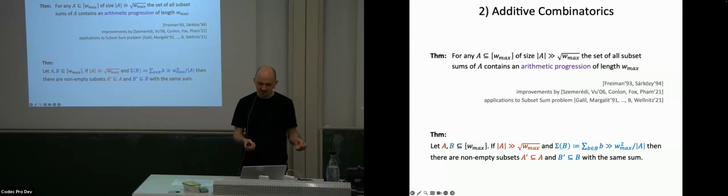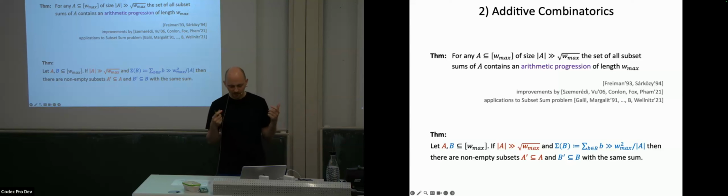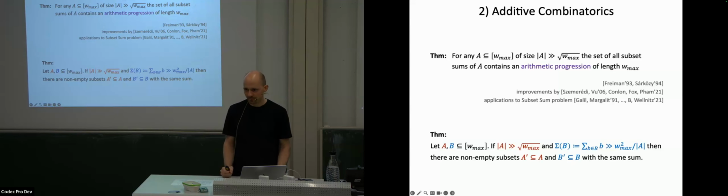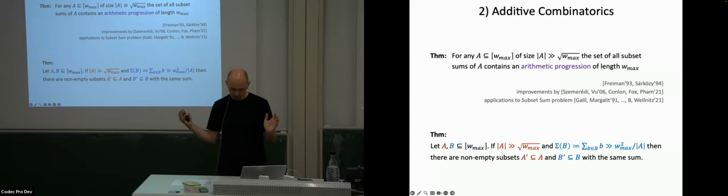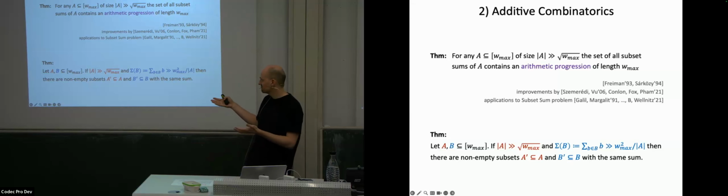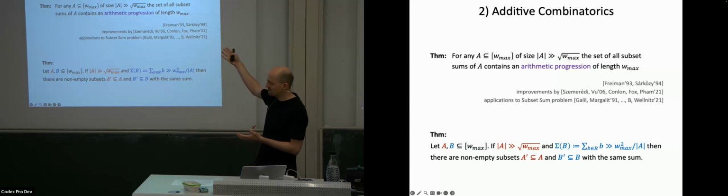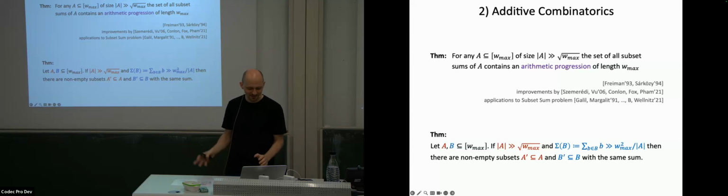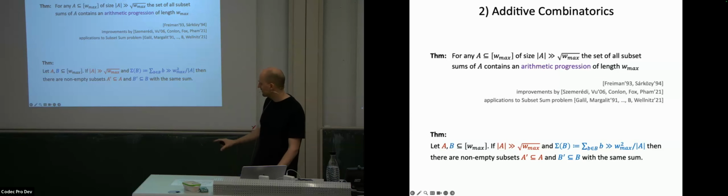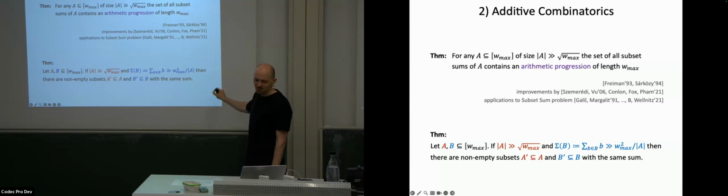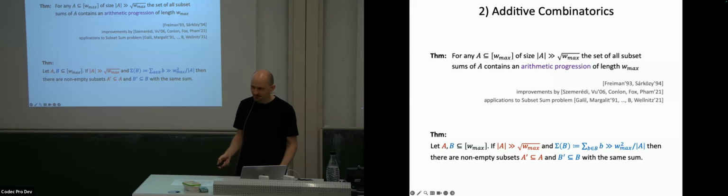So A has a non-empty subset, B has a non-empty subset, and they both have the same sum. This is somehow useful to end up at arithmetic progressions. I'm not going to go into detail of this. What I want to show you is how this can be useful for Knapsack.